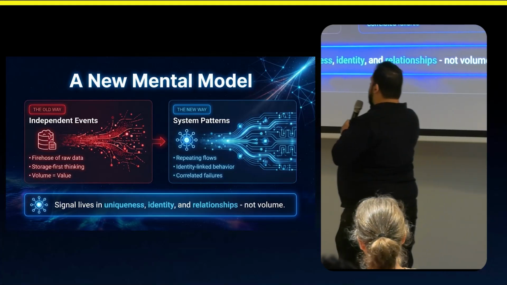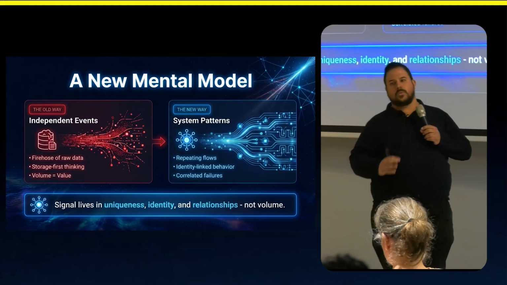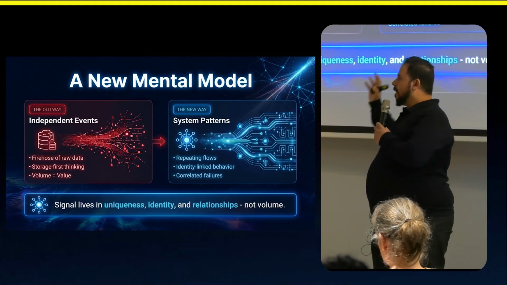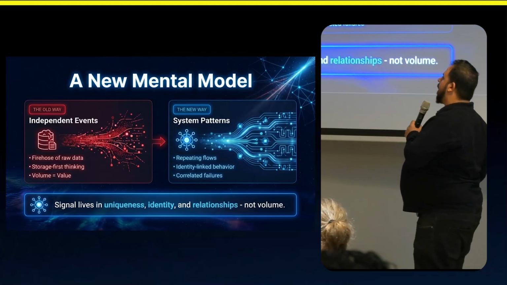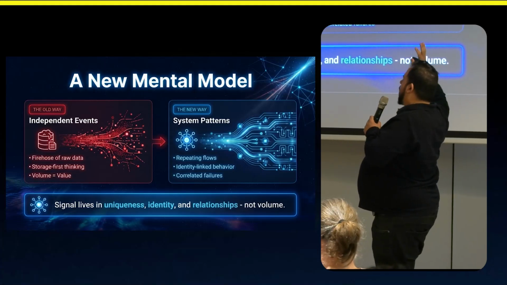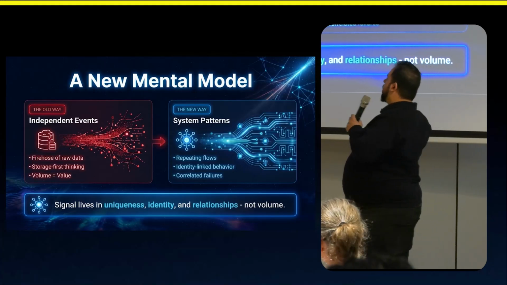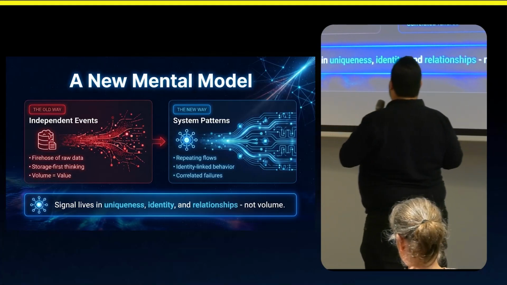So we realized that we're looking at logs in the wrong way. The old mental model was logs as independent events, a fire hose of raw data, just events with no connection between them.